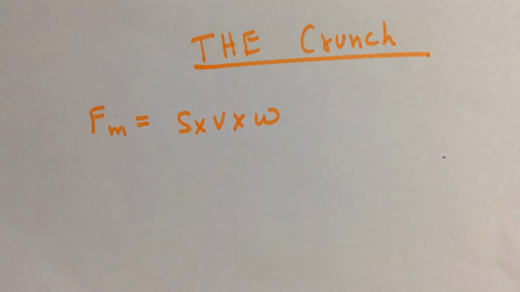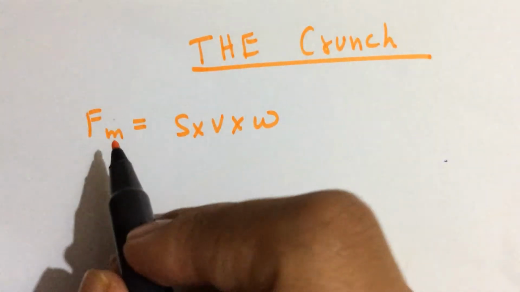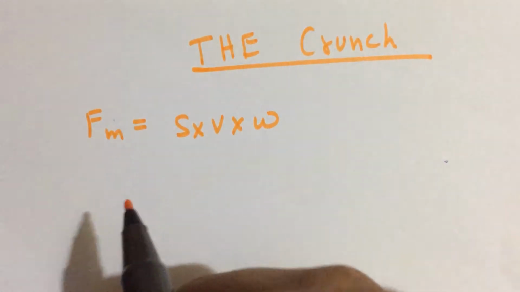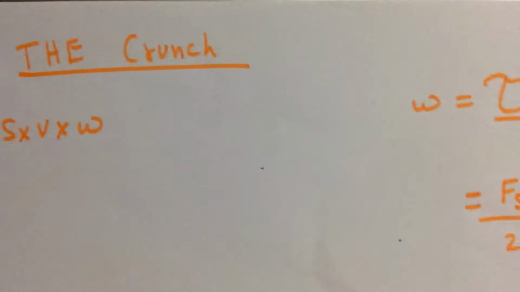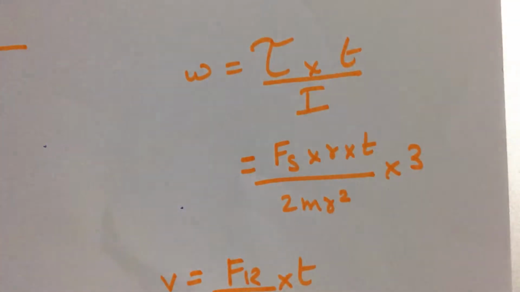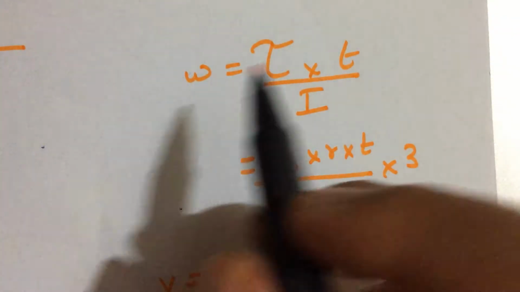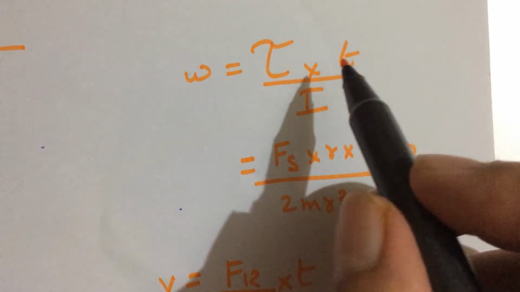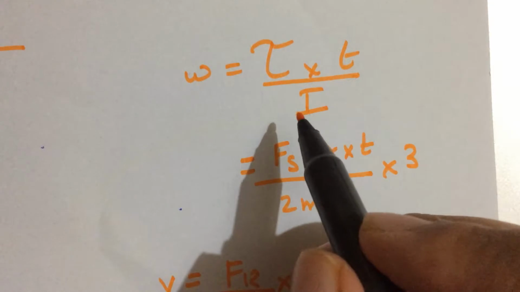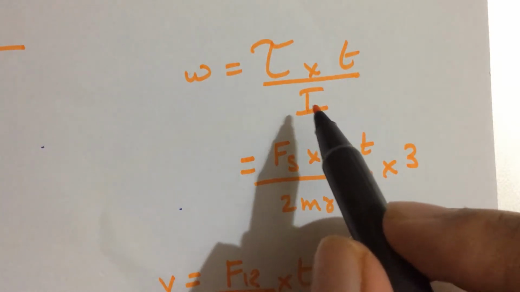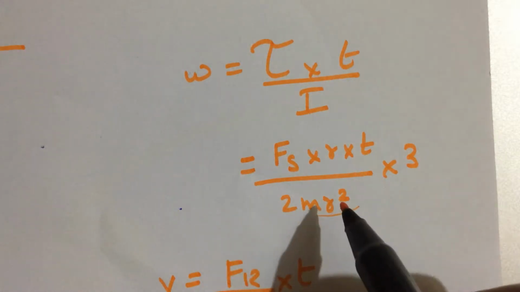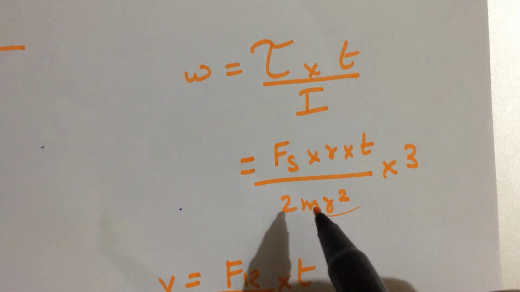So we have got this equation, Fm is equal to S into V into omega. Now we already derived that omega is equal to torque into the time of contact between the foot and the ball upon I. And we found in the previous slide that I is equal to 2 by 3 mr square, right?